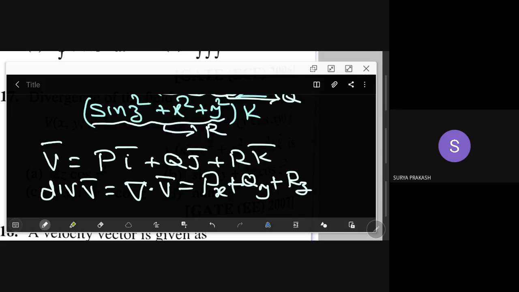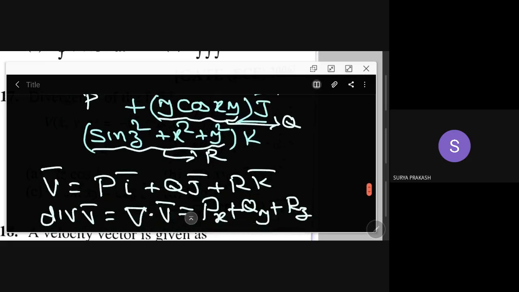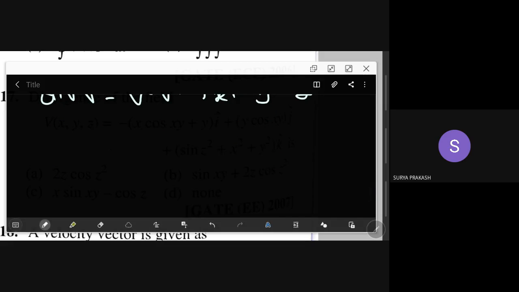So what is dou P by dou x? Here P is minus x cos xy plus y, so P is minus cos xy plus y.